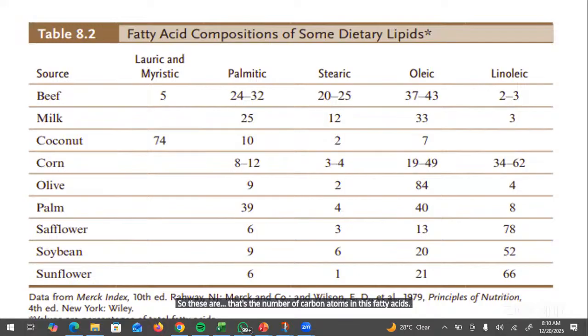We also have the corn. We have about 34 to 62% linoleic acid. Linoleic acid is one of the essential fatty acids. For olive, olive is mostly made up of oleic acid.